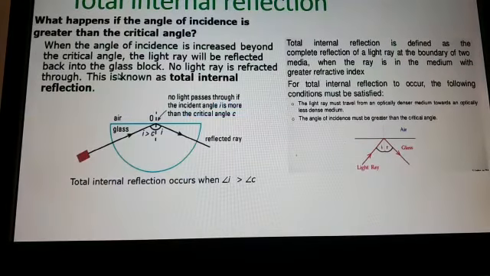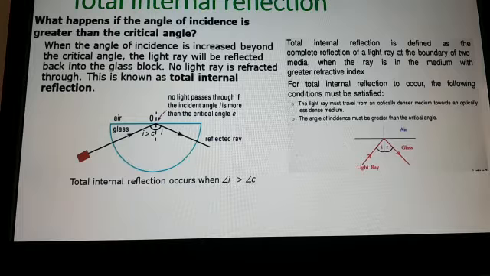Now, what do you mean by total internal reflection? How does total internal reflection happen? Total internal reflection is defined as the complete reflection of a light ray at the boundary of two media, when the ray is in the medium with the greater refractive index.